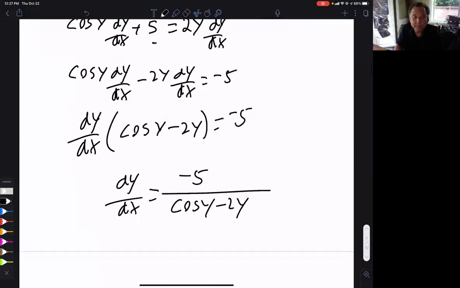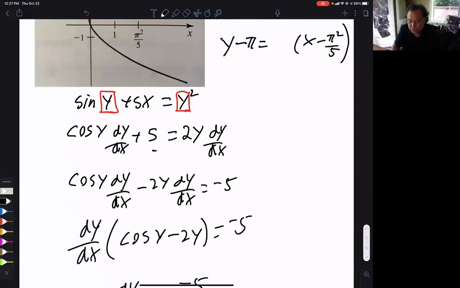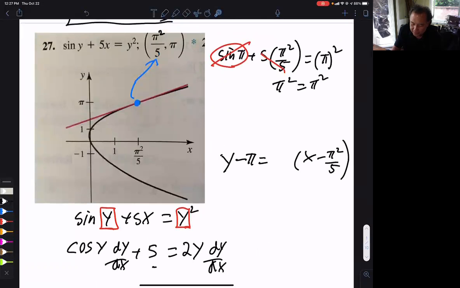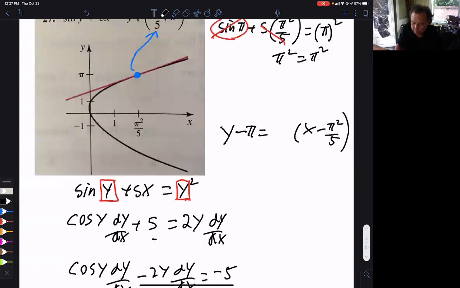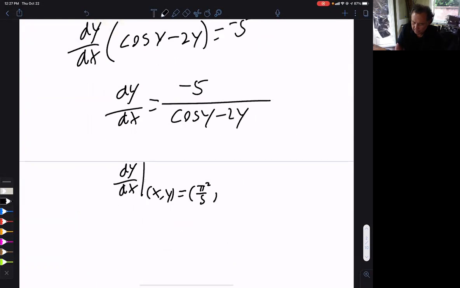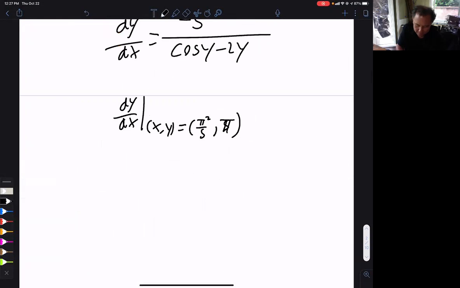All right, that's my derivative. But here's the deal. I want the slope specifically at that point. So I got to plug that point in, pi squared over 5, pi. So what I really want is dy dx at the point where x, y equals, let me double check that, pi squared over 5, pi.